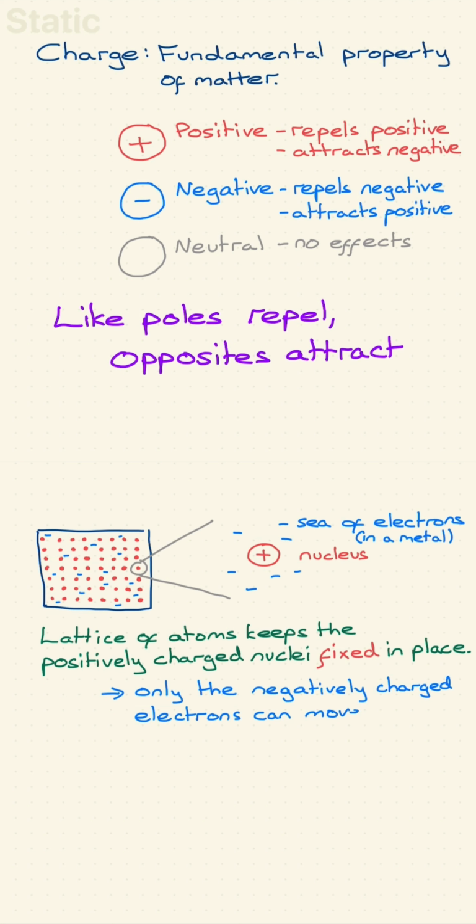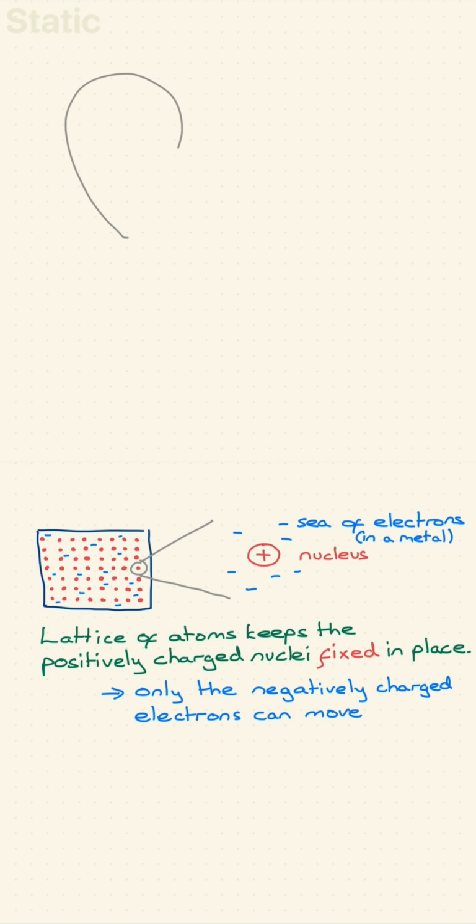We're not getting to electrical circuits yet, so instead we're going to generate some static electricity. This balloon has no charge. Actually, that's a lie. Sorry. The balloon has a lot of charge because it has billions of nuclei and billions of electrons, so it has lots of positive charge and lots of negative charge.